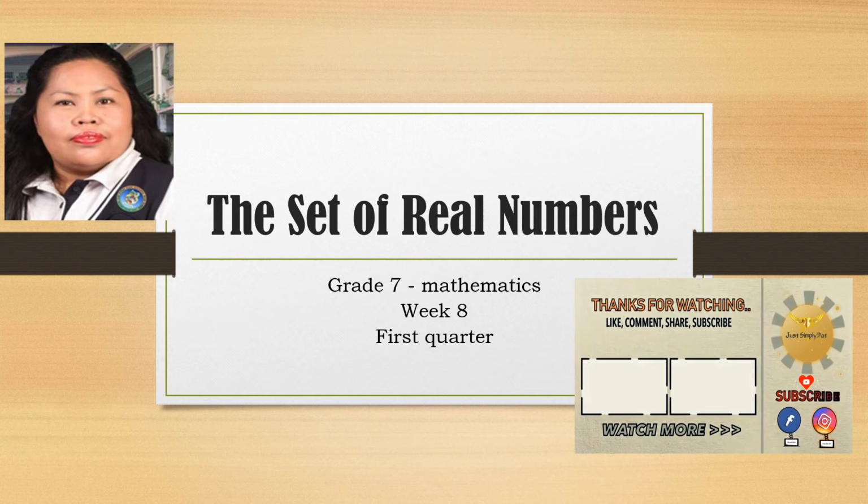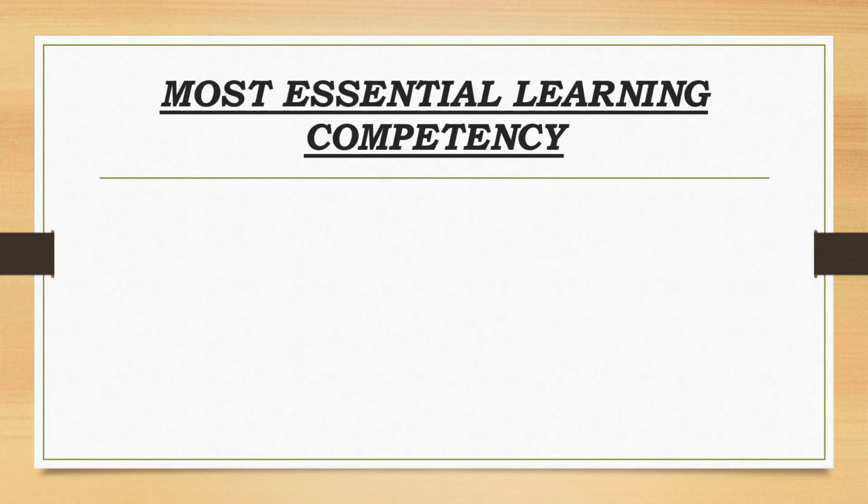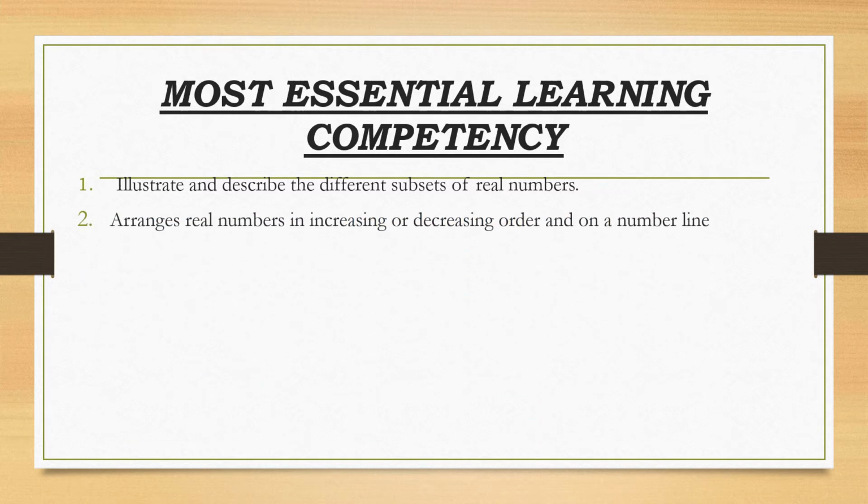Okay. Our lesson for today is the set of real numbers, Grade 7 Mathematics, Week 8, First Quarter. For the most essential competency: illustrate and describe the different subsets of real numbers, and arrange real numbers in increasing or decreasing order and on a number line.